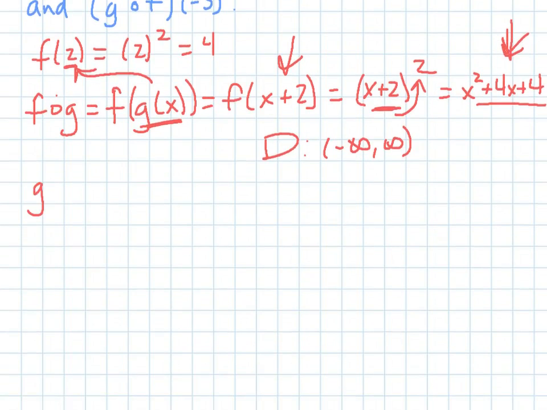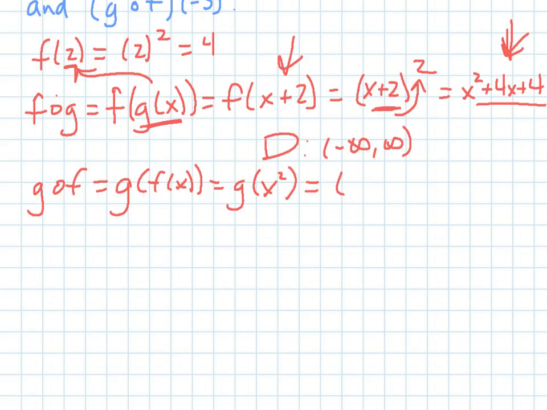Okay, so the composition. So let's do the other way. So if I have g of f of x, so that now I'm plugging in f's function into g's function. So that means I'm taking x squared instead of x plus 2 and plugging into x plus 2. So then where I would have an x would be right here.